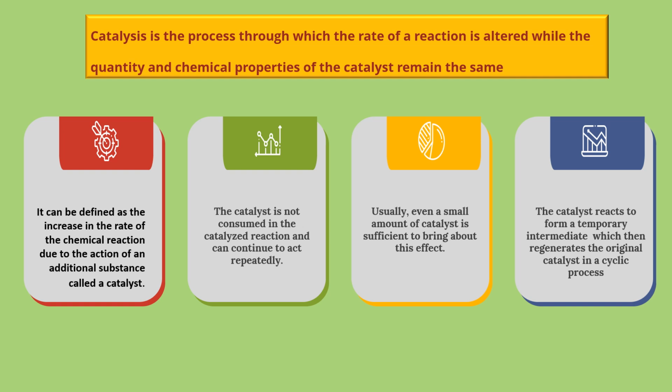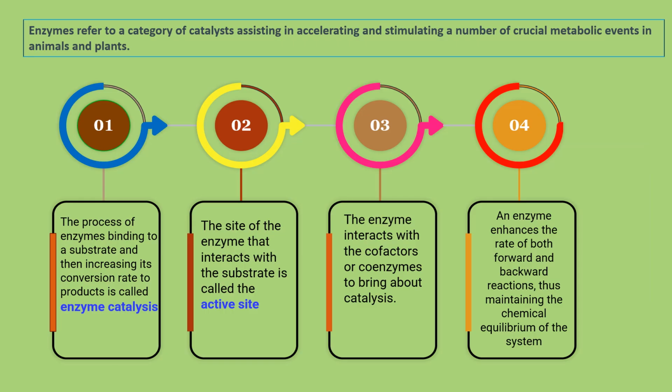The catalyst is not consumed in the catalyzed reaction and can continue to react repeatedly. Usually, even a small amount of the catalyst is sufficient to bring about this effect. The catalyst reacts to form a temporary intermediate which then regenerates the original catalyst in the cyclic process.